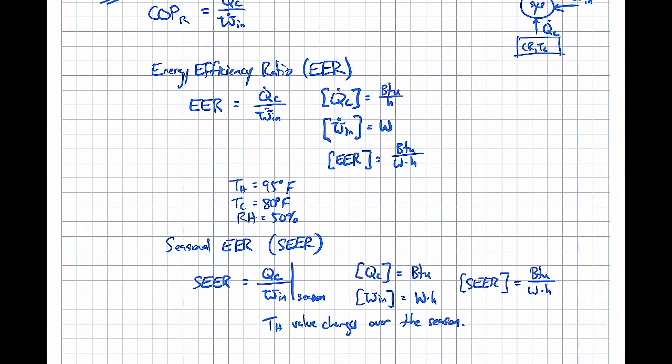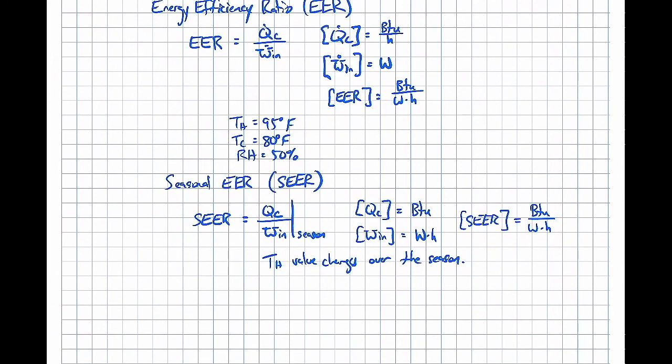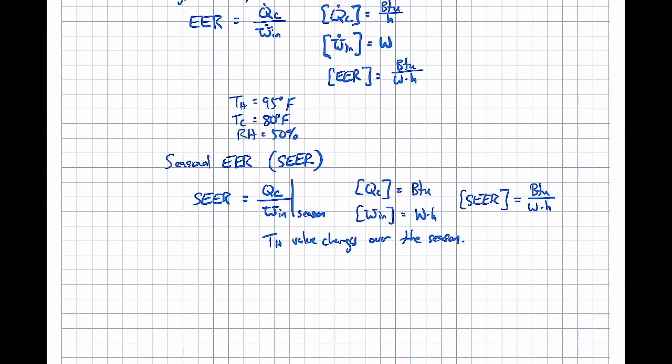that it's operating. Just to give you typical values, the minimum EER values according to federal guidelines should be greater than about 17.1 to 21.1 BTU per watt hour. So those are minimum values.